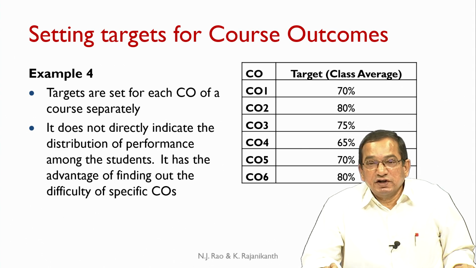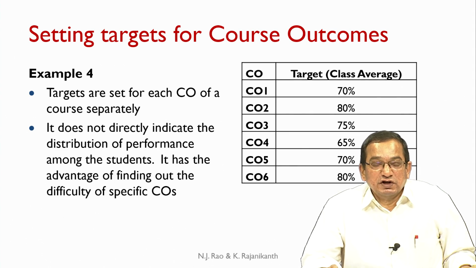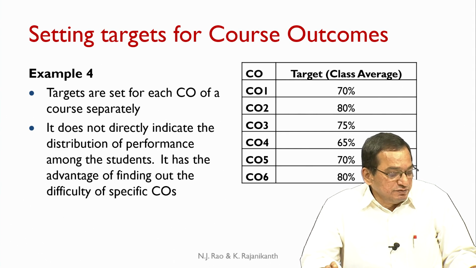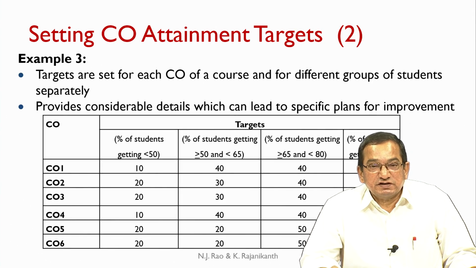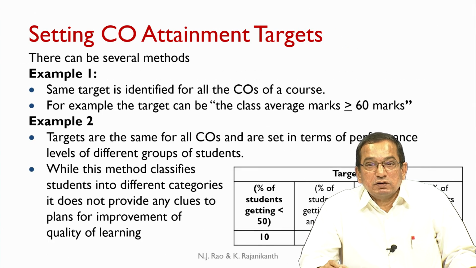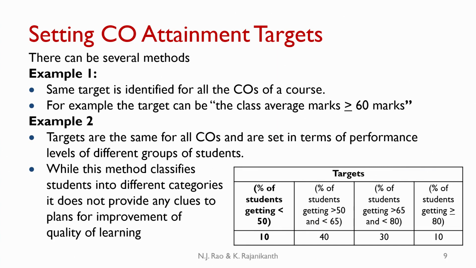However, the instructor is free to choose the other methods which we discussed, like setting the targets for different groups of students separately, or setting the targets group wise but common to all COs.